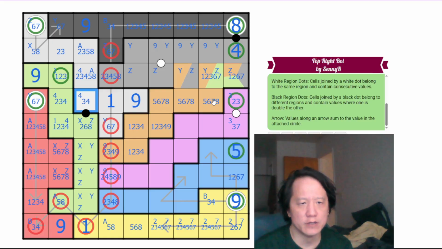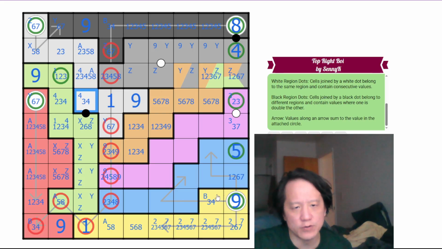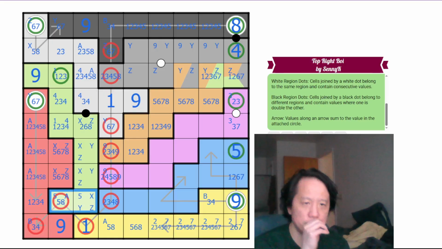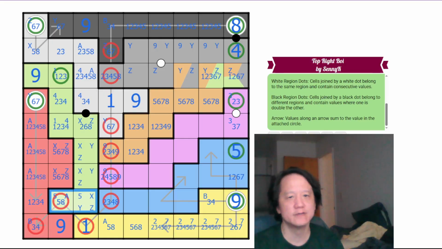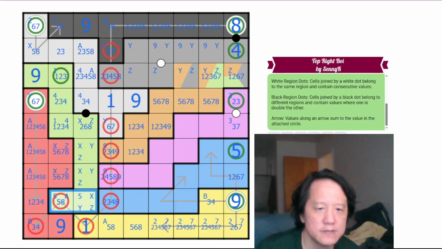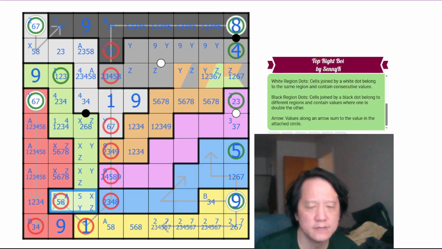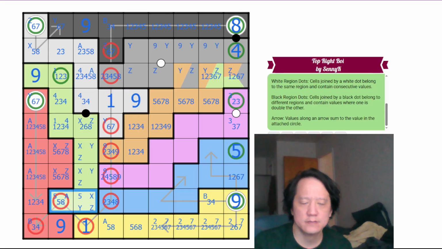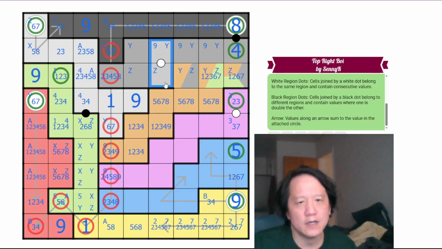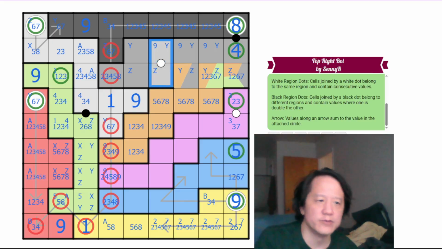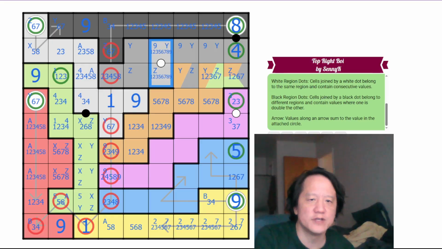Interesting thing is 5 in row 8 cannot be here, cannot be here. It has to be one of these two. Consecutive digits here. We have 1, 2, 3, 5, 6, 7, 8, 9.